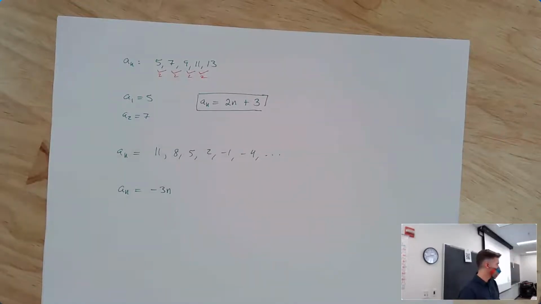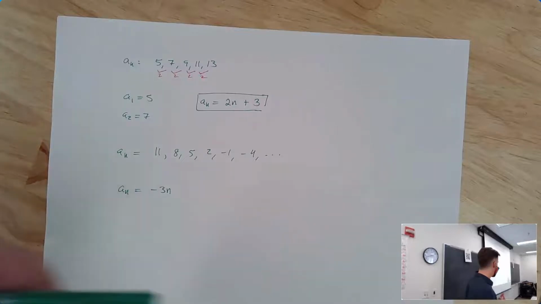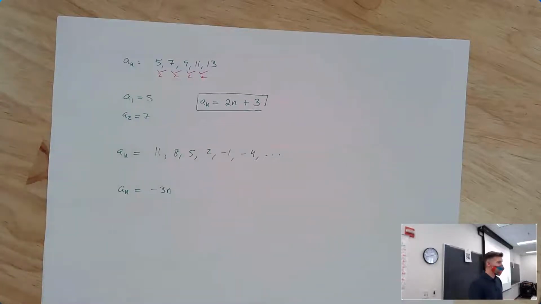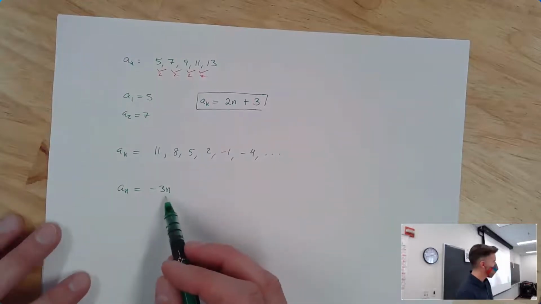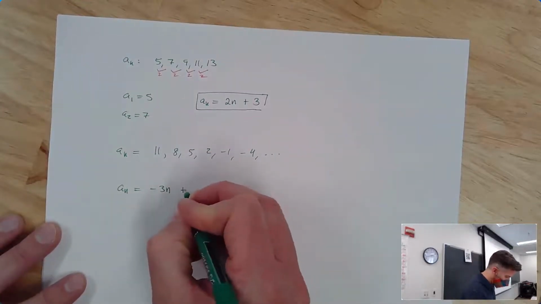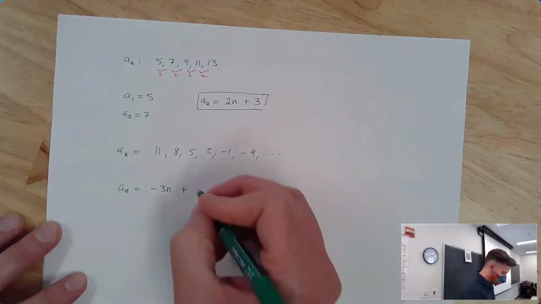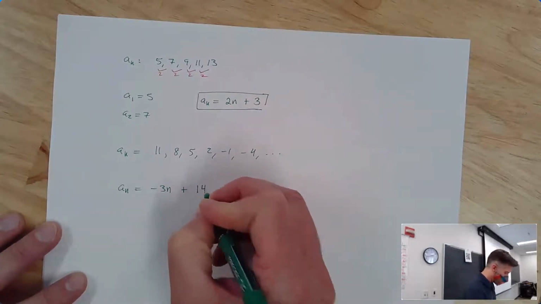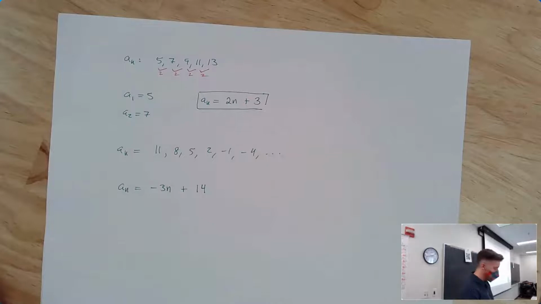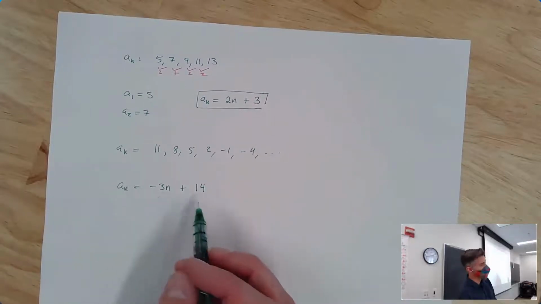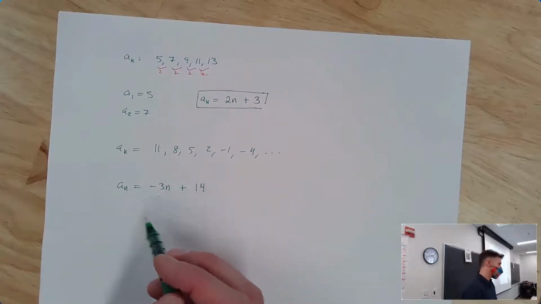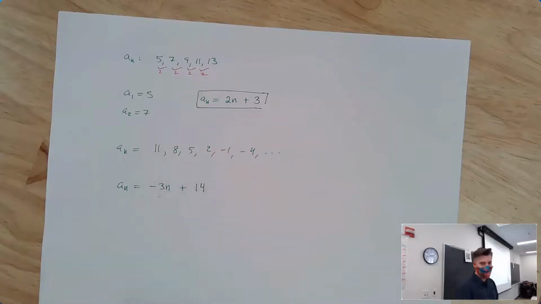And then I need to adjust. I know when I plug in n equal to 1, I want the output to be 11. So if I plug in 1, I'm going to get -3. So I need to add on how much? 14. Because now if I plug in 1, I get -3 plus 14, which is 11. If I plug in 2, I get -6 plus 14, which is 8, and so on.